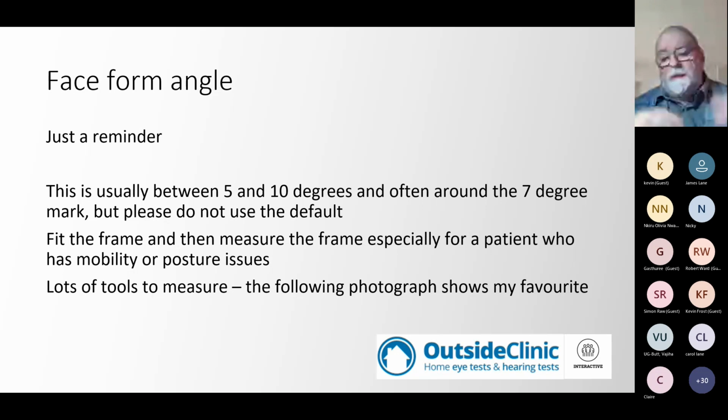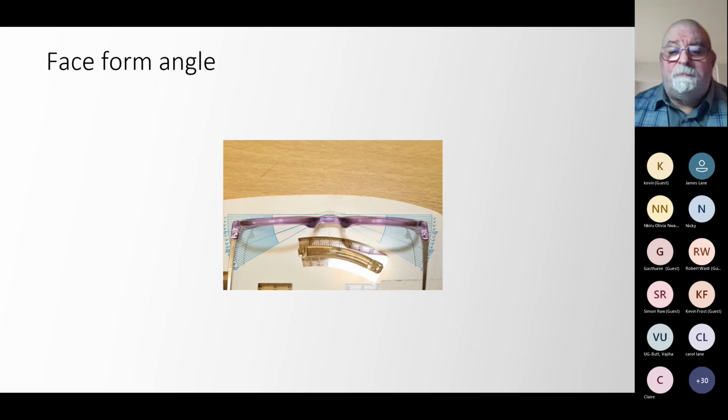Okay, now there's lots and lots of tools to measure this. I borrowed this tool on permanent loan from Essilor, and what we can see here is that the curve of the frame will line up with one set of angles. Now it's measured in 2, 4, 6, 8 and 10.